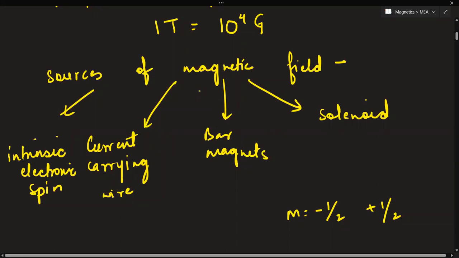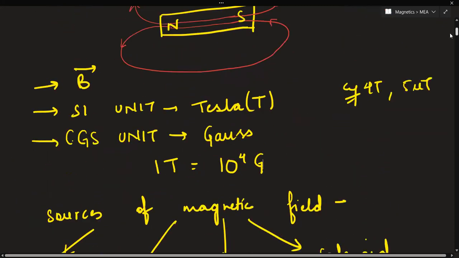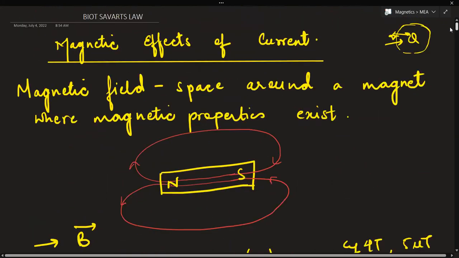Before moving on to the major law, the way we had Coulomb's law over there, we have Biot-Savart's law over here. That we'll see, but first I would suggest you note this down, and always remember that conversion, Tesla and Gauss. Because when we discuss electric charge, everything is usually given in terms of Coulomb, microcoulomb, nanocoulomb, picocoulomb.